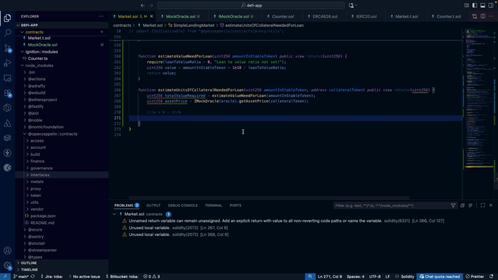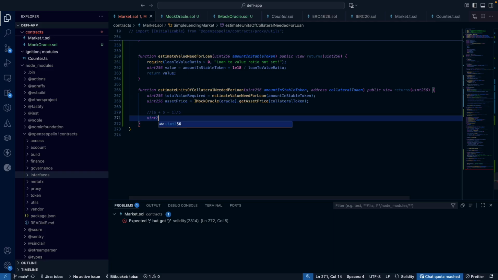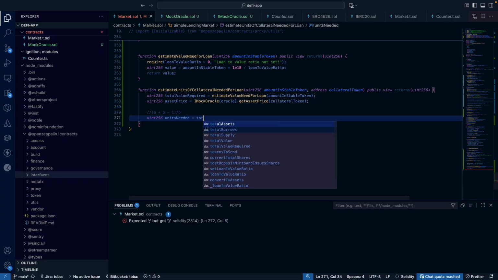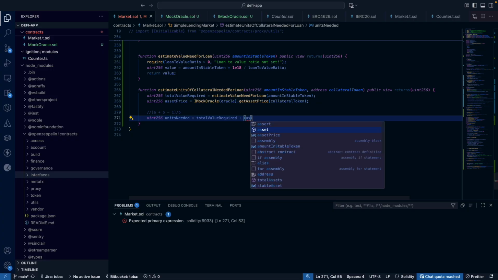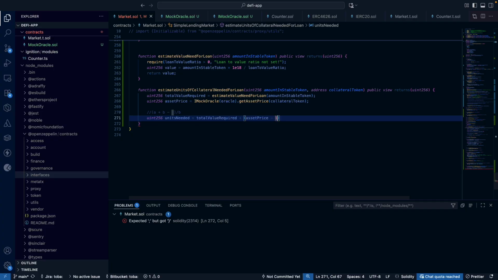So we're going to have U256 units needed is equal to total value required, which is this, plus total value required plus B minus 1, that's asset price minus 1 E18, divided by asset price.